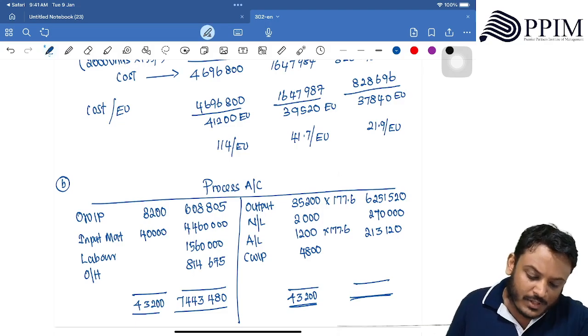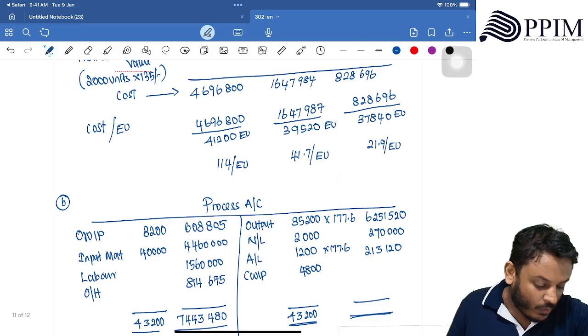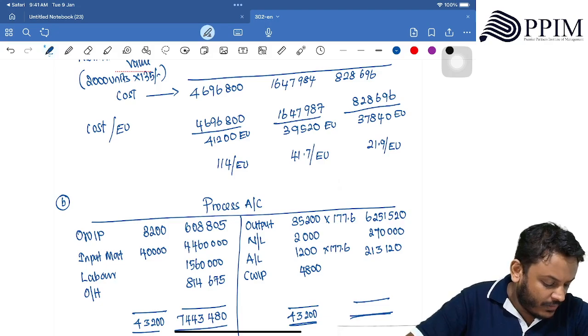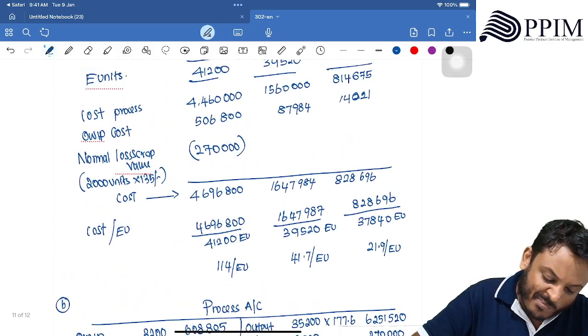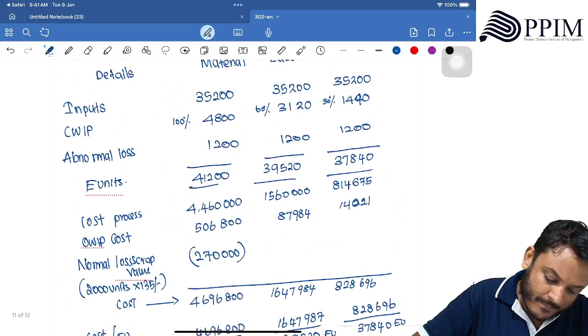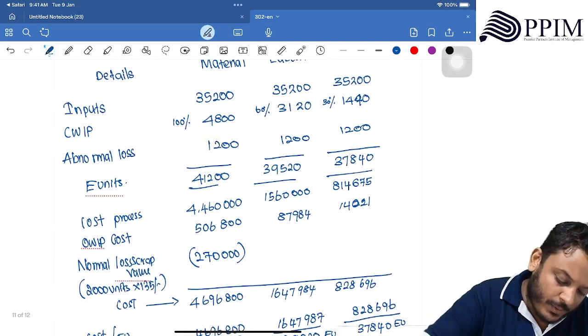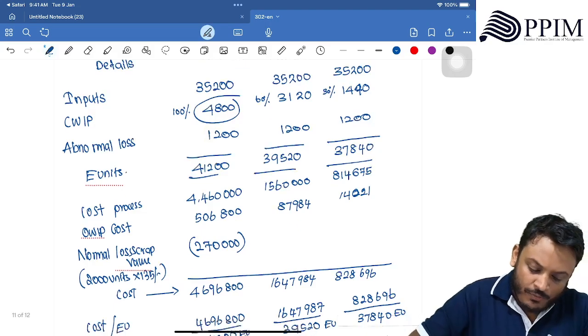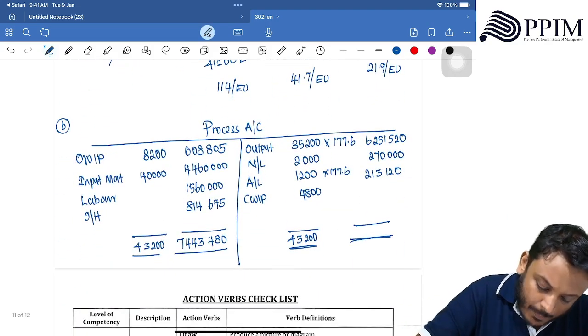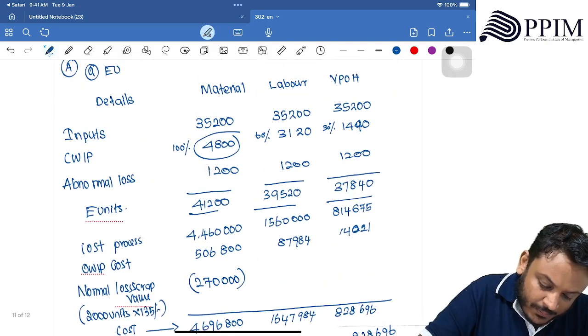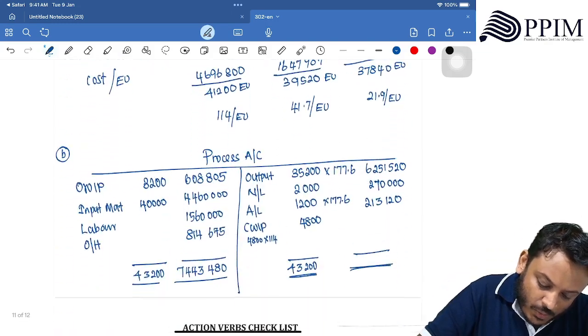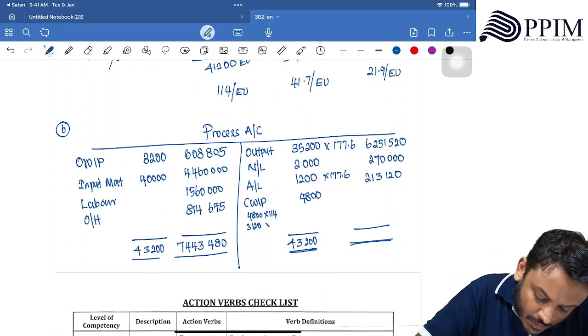Closing work in progress, 4,800. So 4,800 multiplied by 114, then 3,120 multiplied by 41.7.